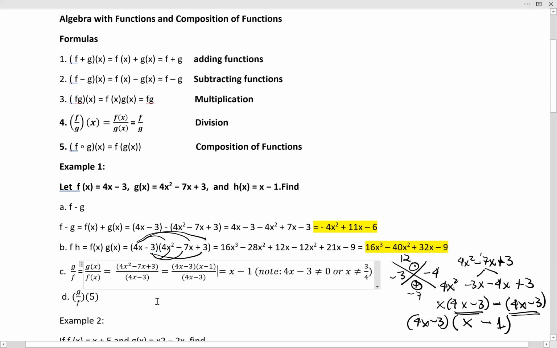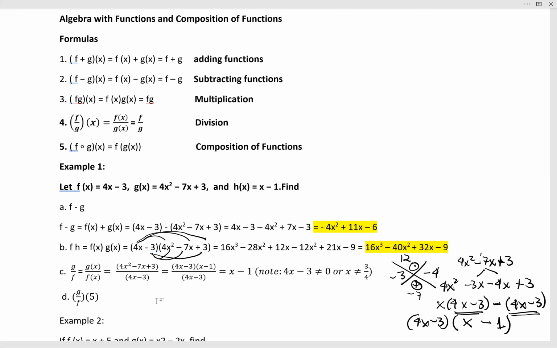Okay, so let's move to part D. In here, part D, I have g over f of phi, the function g over f of phi. Some of you may say it means g of phi over f times phi.